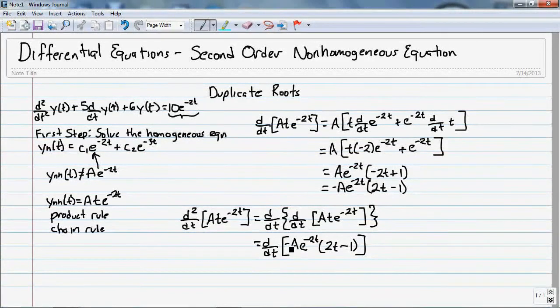And we can bring our negative a out, and now we can do our product rule. 2t minus 1.